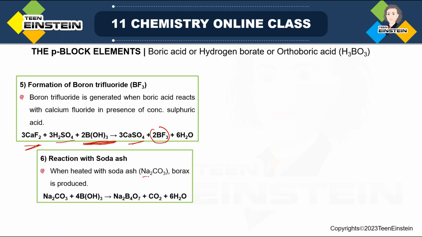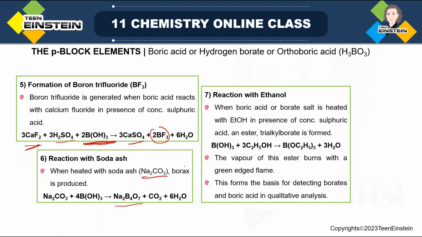Reaction with soda ash, which is Na2CO3, we have seen in the s-block chapter. When it is heated with Na2CO3, there is formation of borax. Fine. Then reaction with ethanol, C2H5OH. The same type of reaction you can also get from ethanol.